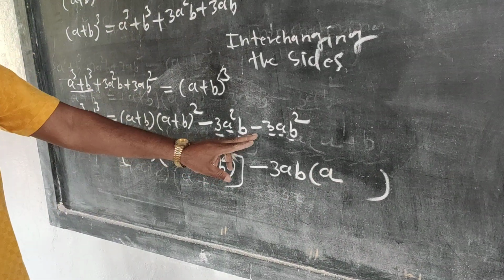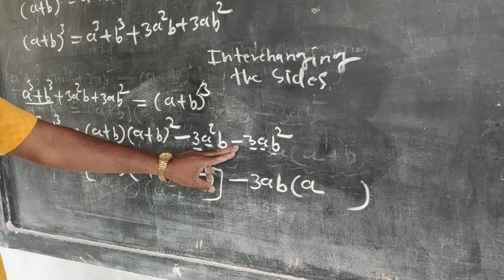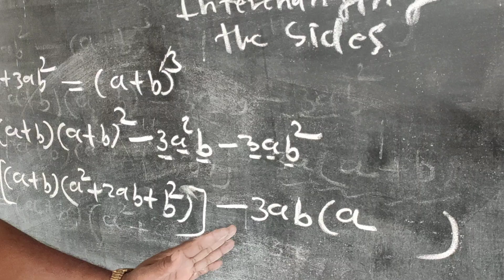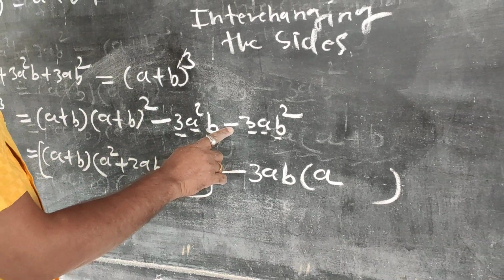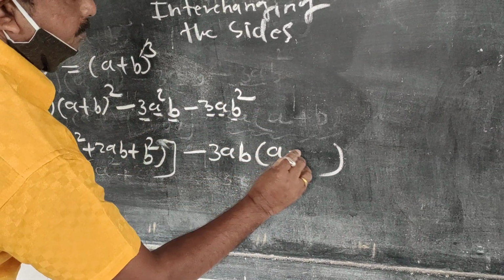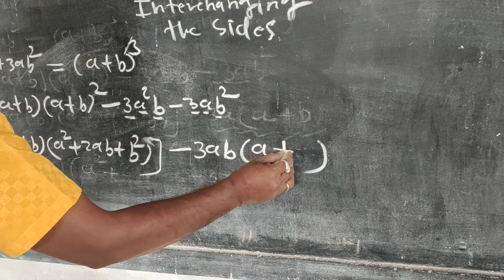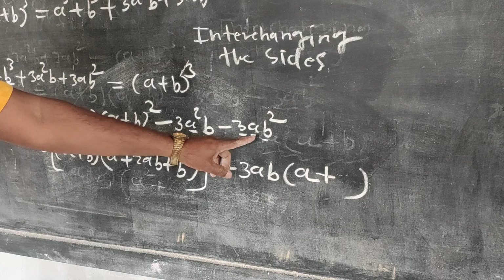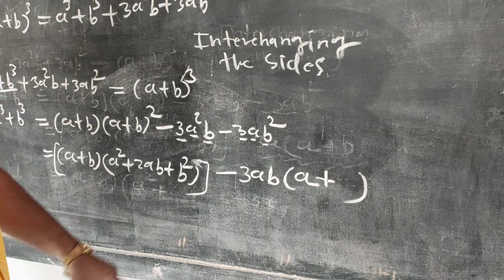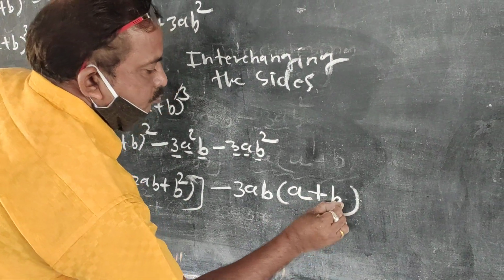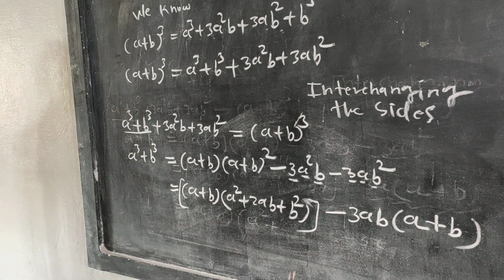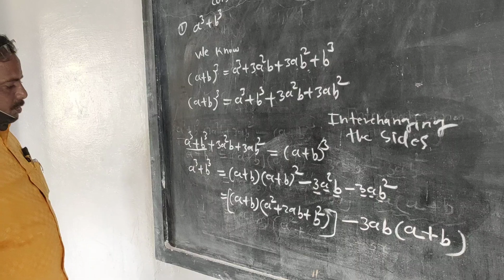Listen carefully. Whenever there is a minus sign and we take some terms out of the bracket, the minus sign changes into plus. So we take carefully, and the remaining term, the second term, is b, so we write b here. This is a step we have to write very carefully.